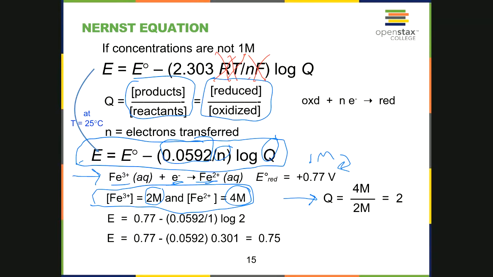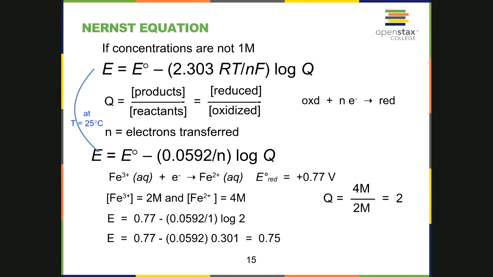So for our equation, I think I'll erase and get a clear sheet here, our reduced form has only 2 positive charges. So that's the Fe2+. And the oxidized is 3 positive. So the iron 2+ is the product, and that goes in the top, or the numerator, of our fraction.